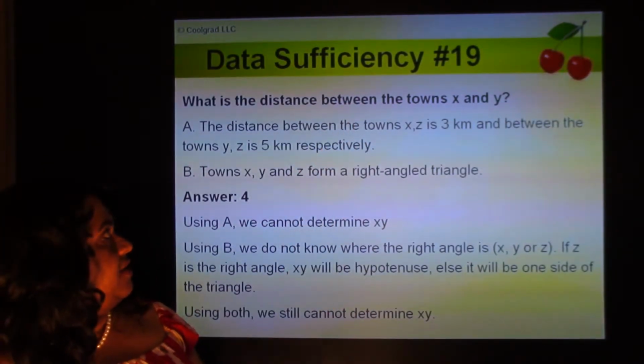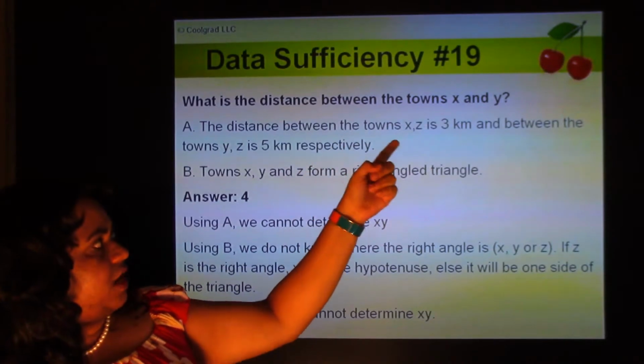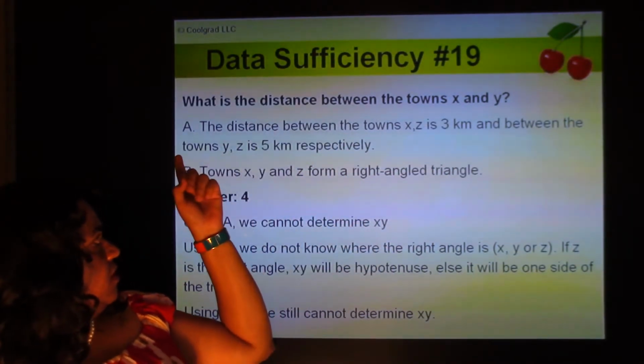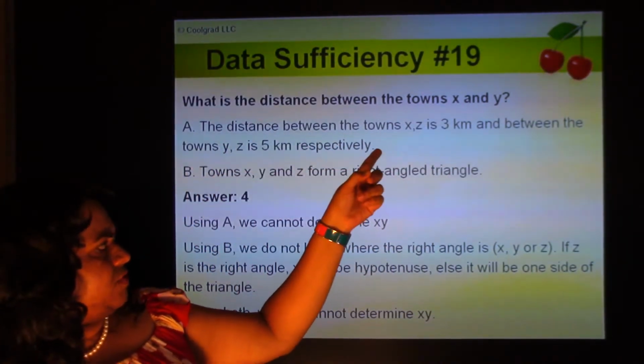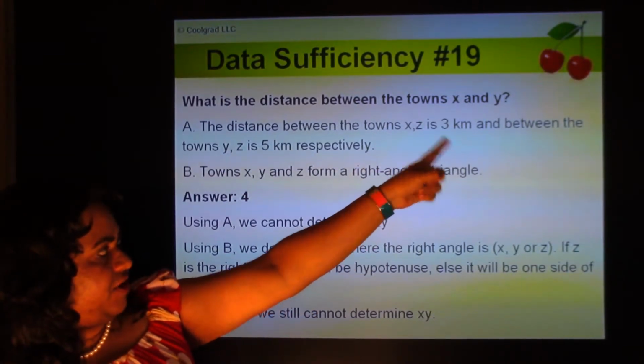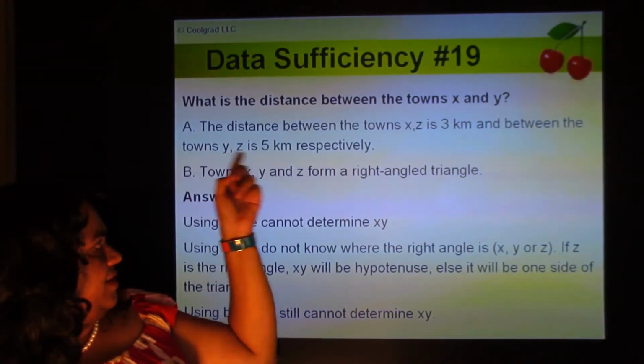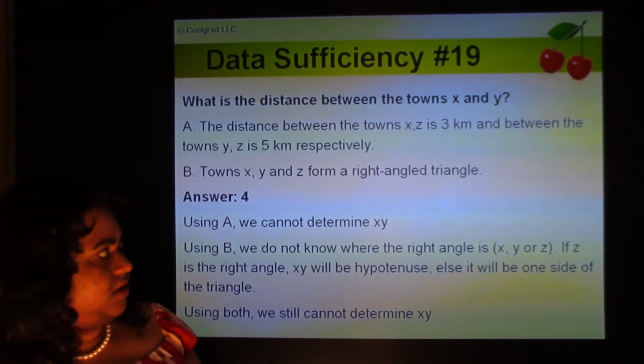Question number 19. What is the distance between the towns X and Y? Statement A. The distance between the towns X and Z is 3 kilometers and between the towns Y and Z is 5 kilometers respectively.